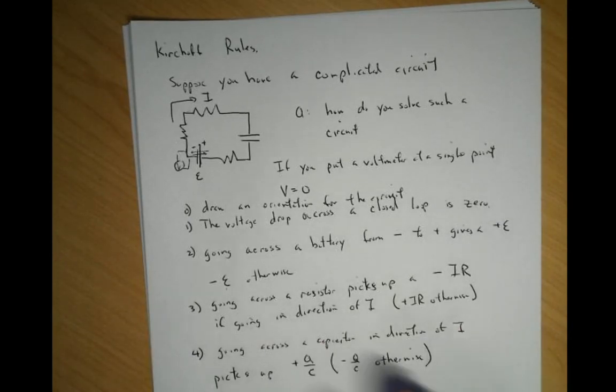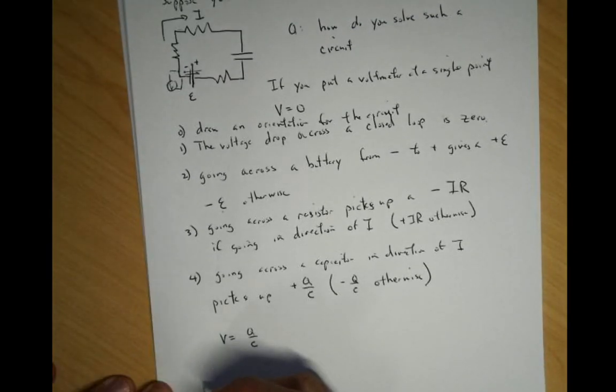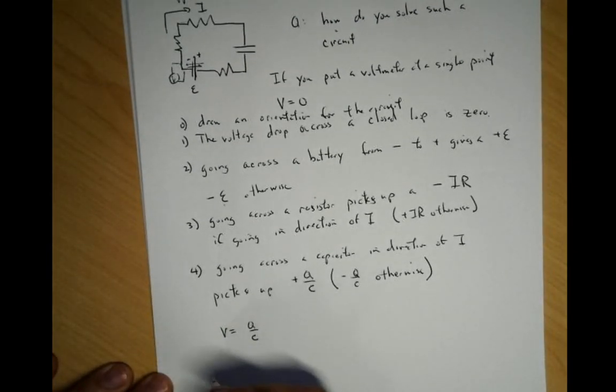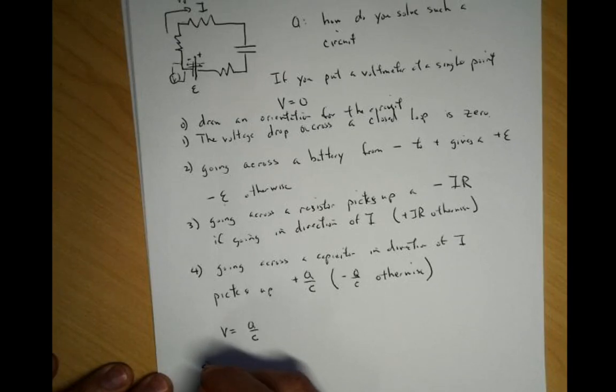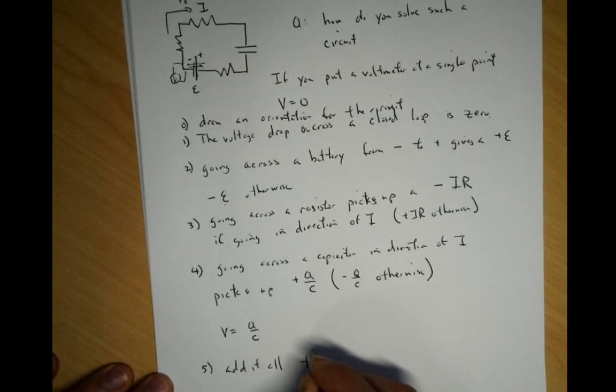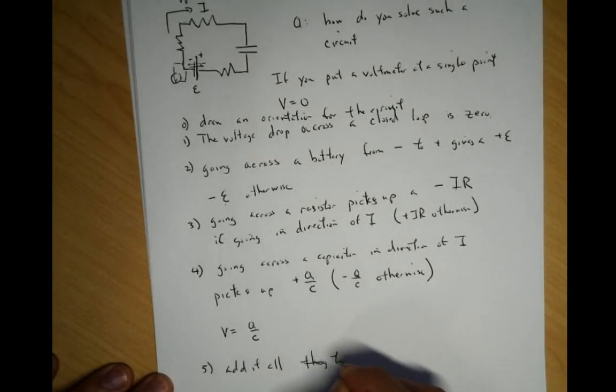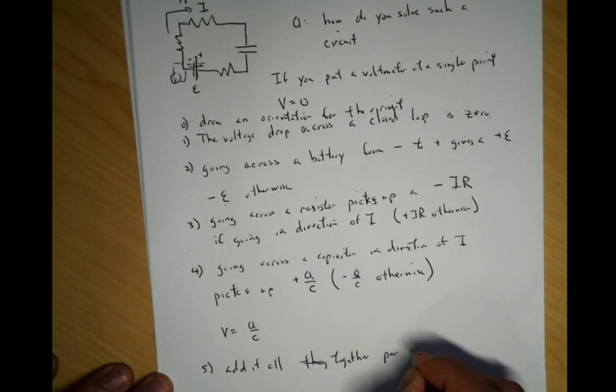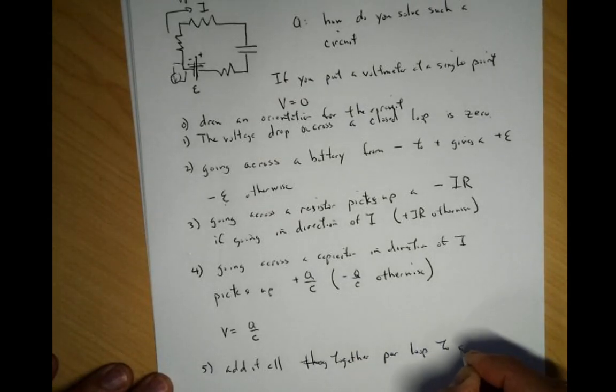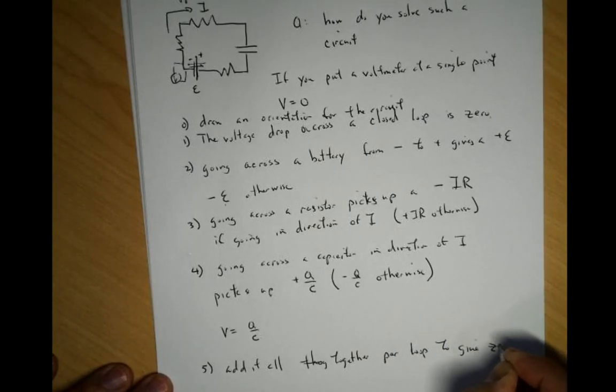This last rule is going to be important later on, but for now, we're just going to basically include it, right? And last but not least, I should write down one last thing. Number 5, this will eventually not be number 5. Add it all together per loop to give 0.